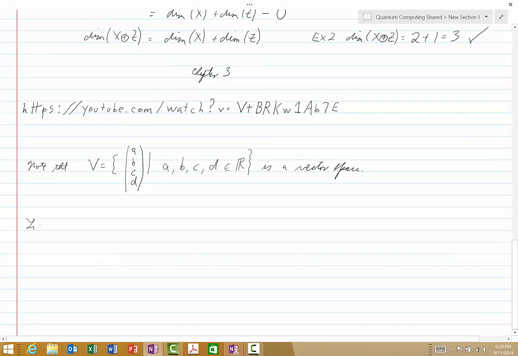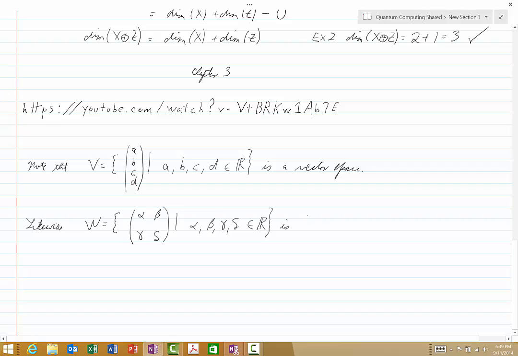Likewise, W, which is equal to the set of all 2 by 2 matrices, let's maybe call it alpha, beta, gamma, delta, such that alpha, beta, gamma, and delta are all real numbers.